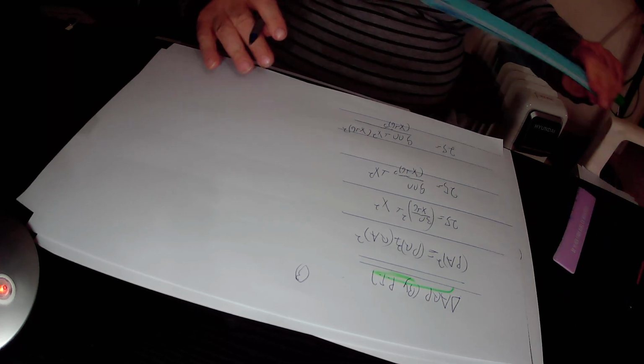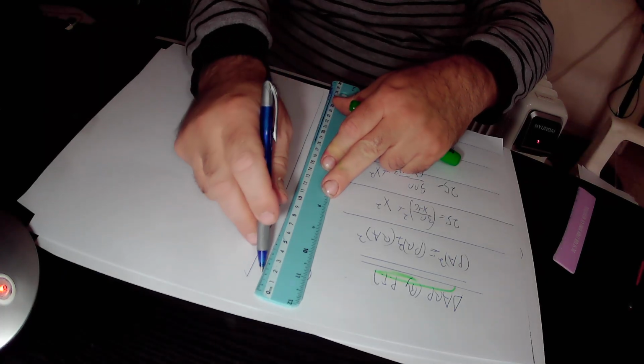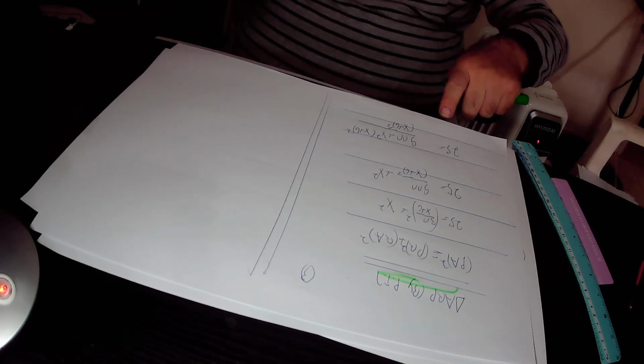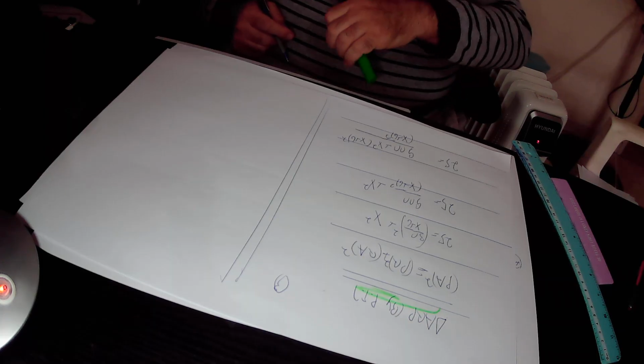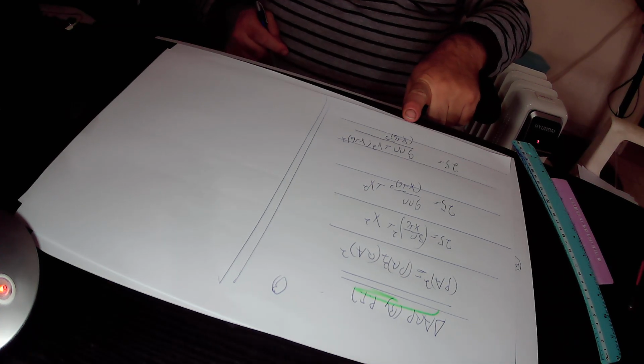So in total, 25 equals 900 plus x squared times x plus 6 squared, over x plus 6 squared. Here we will multiply this equation by x plus 6 squared.